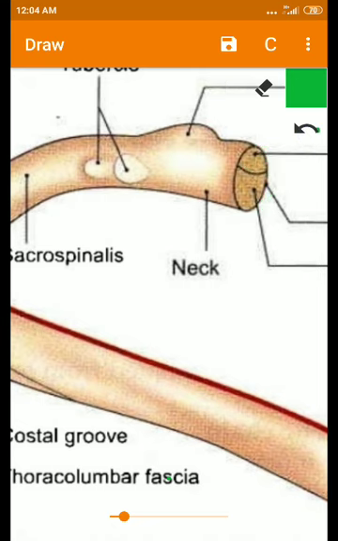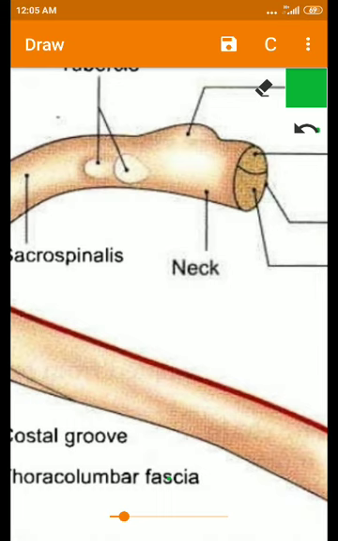So the posterior end consists of head, neck and tubercle. The head bears two small facets separated by a transverse ridge called the crest. The lower larger facet articulates with the numerically corresponding vertebra, whereas the upper smaller facet articulates with the vertebra above. The crest lies opposite to the intervertebral disc.